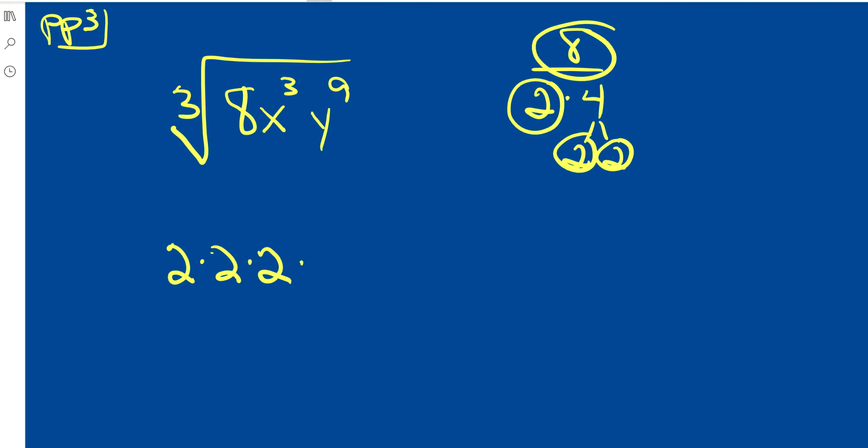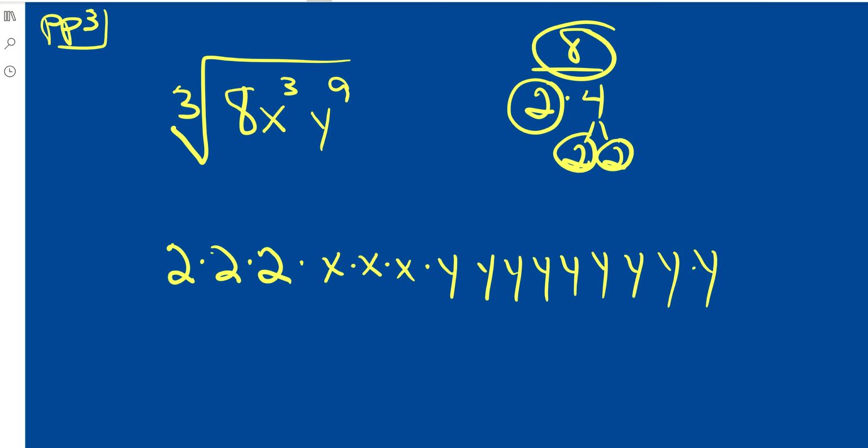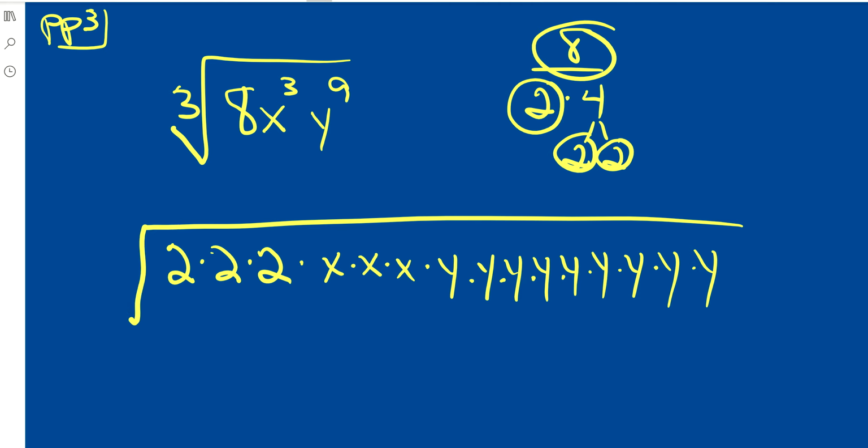Now I got 3 x's, and then I've got 9 y's: y, 3, 4, 5, 6, 7, 8, 9. There. And this is what we're saying. What is the cube root? This index number is very important to write in our answer.